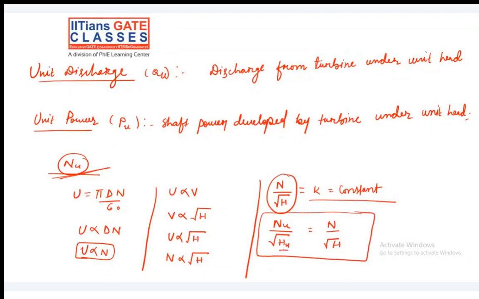And Hu, we have already seen, what is unit speed? Unit speed is the speed of the turbine working under unit head. So by definition, Hu is equal to 1. So can I say now that my unit speed is nothing but N upon square root of H? Tell me you got it or not. Nu is N upon square root of H.